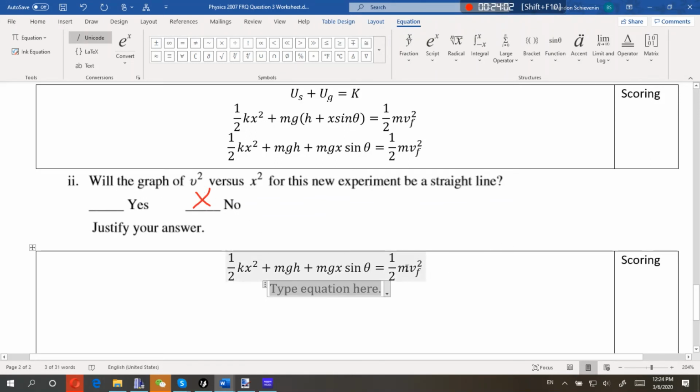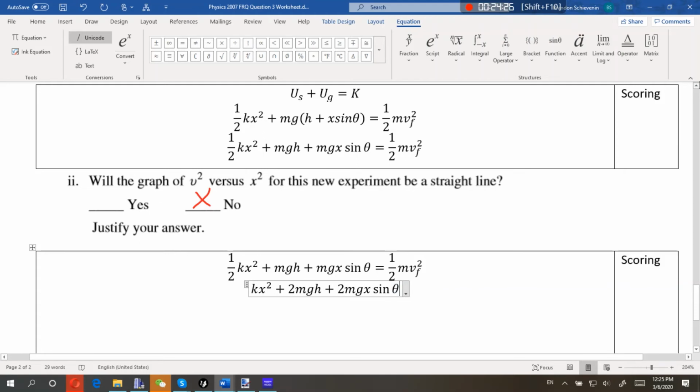So I need to solve for v squared, and we'll prove that it's not a straight line. So we multiply by 2 first. Okay, kx squared plus 2mgh plus 2mgx sine theta is equal to mv squared.